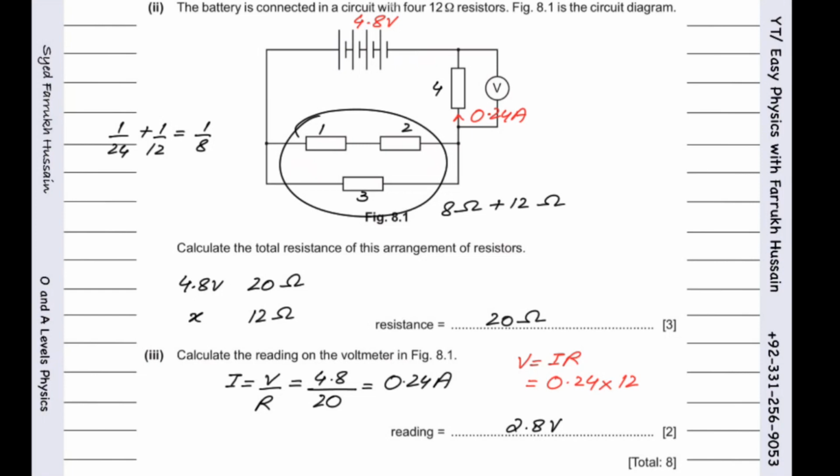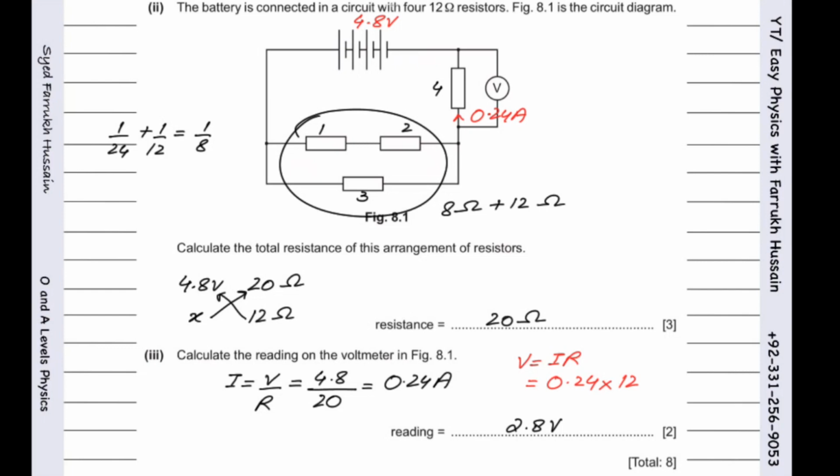Why? 12 times 4.8 is what? But don't you do 20 divided by 12, and then what answer you get you times by 4.8? No, cross multiply. I got 57.6.